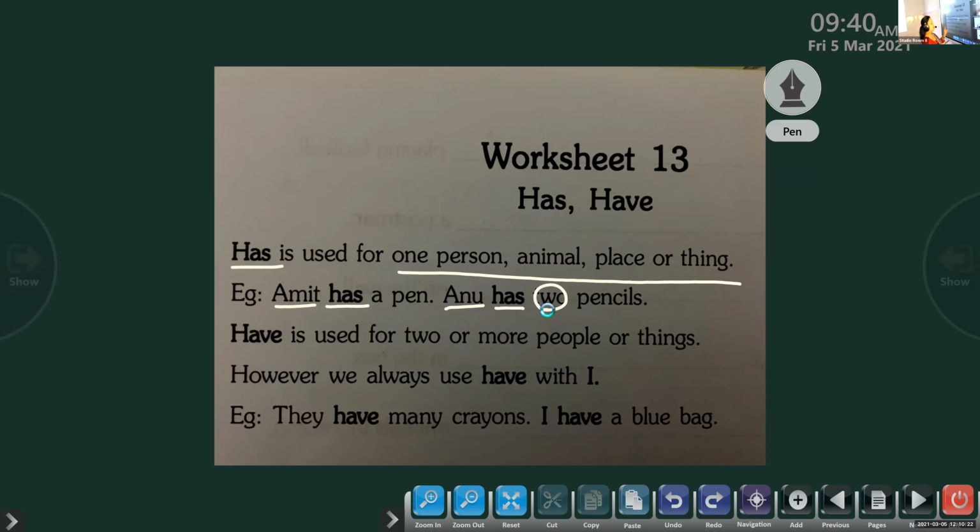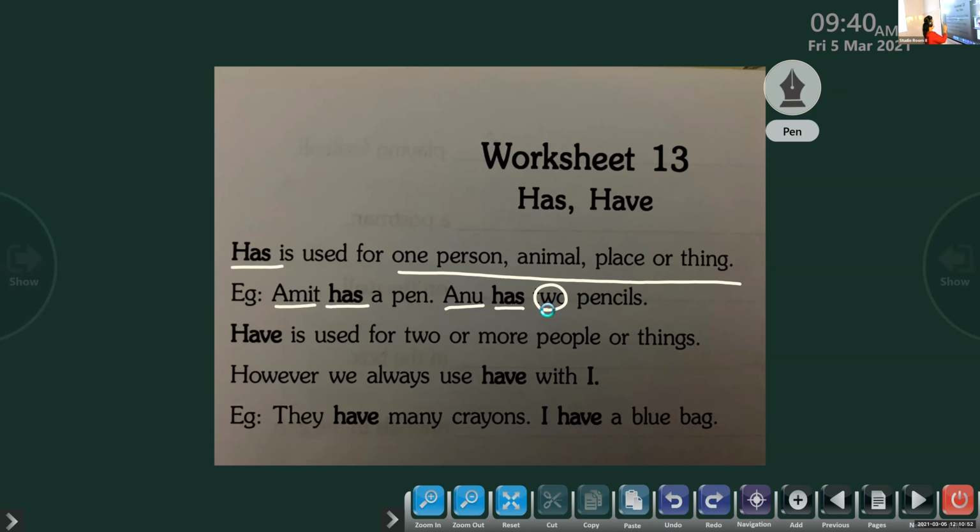In the first sentence, it is Amit, one person. In the second sentence, it is Anu, who is also one person. So we will use the word has. Amit has, Anu also has, because Amit and Anu both are one person each. So we will use has when we speak about one person, one animal, one place or one thing.